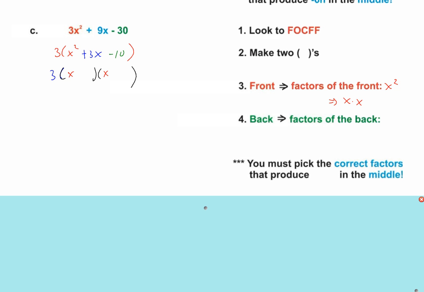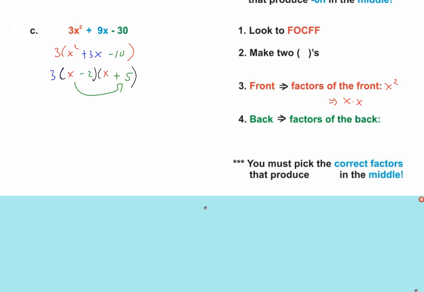Did you find the right combo? Are you shooting for a positive 3 in the middle? Hey, 5 and 2 are 3 apart. If I put a 5 here, that's going to give me 5 of them. That leaves the 2 there. And I need the 5 to be positive with the 2 negative.